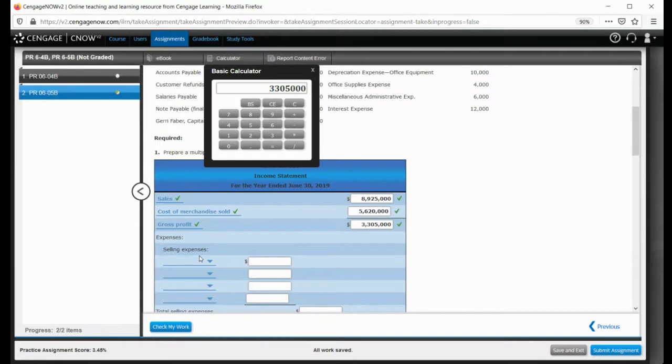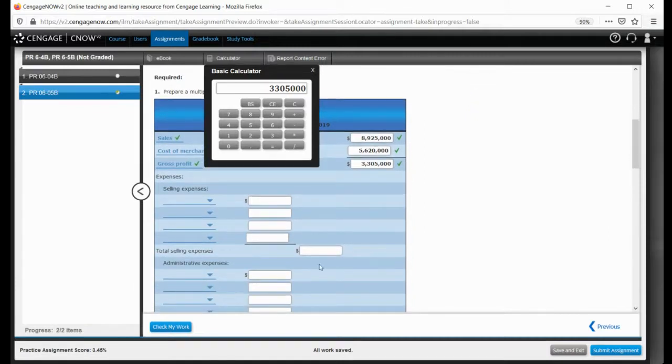The selling expenses have to do with the sale of the product and store-related expenses. And the second part of the operating expenses is administrative expenses. Administrative expenses have to do with the expenses of the office and general types of expenses that the company will incur.